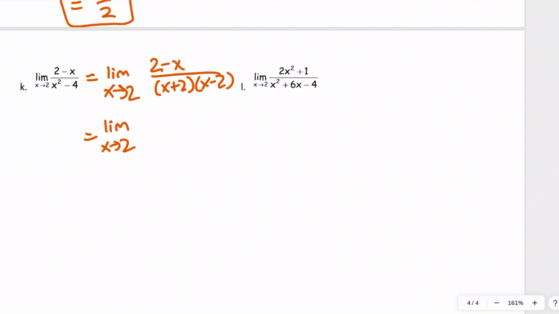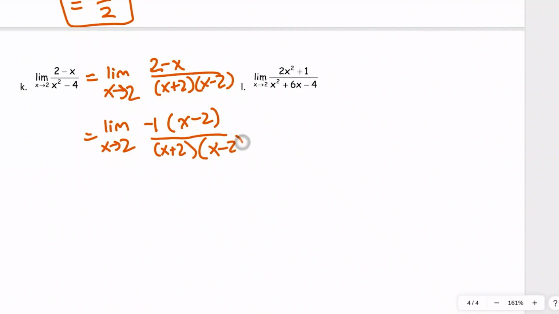So what we can do is force that numerator to be the same factor as the one in the denominator by factoring out a GCF of -1. So if I factor out a -1 out of this numerator, this is going to become -2 plus x, which is x minus 2. If I distribute this -1 back in, I'm going to get the 2 minus x.